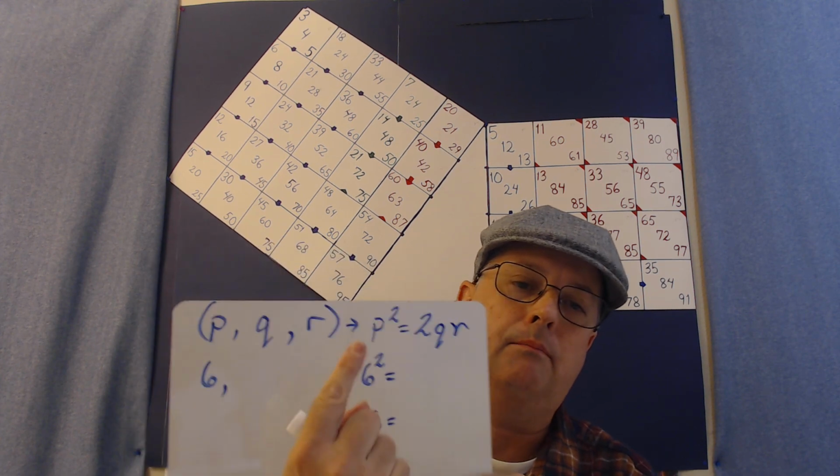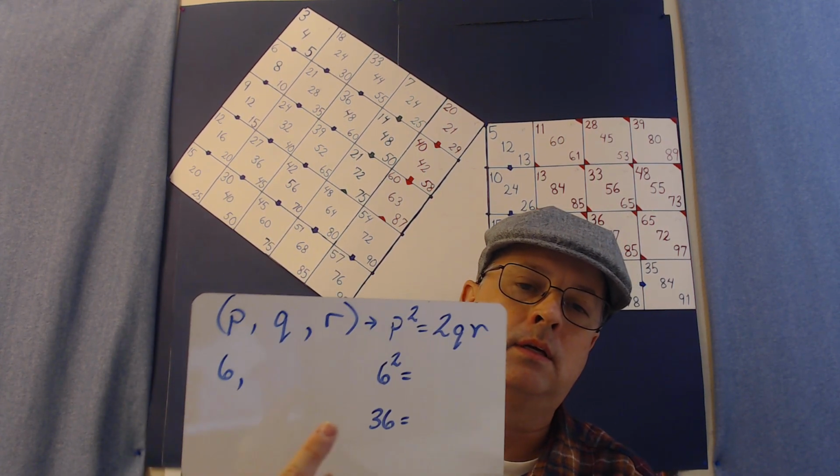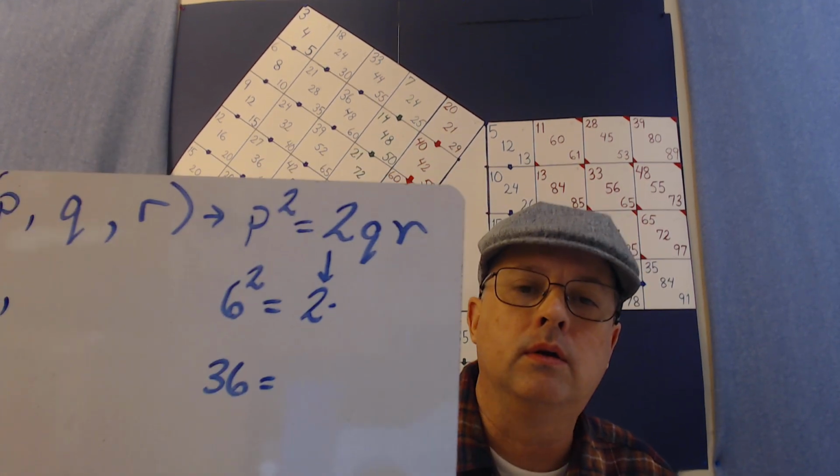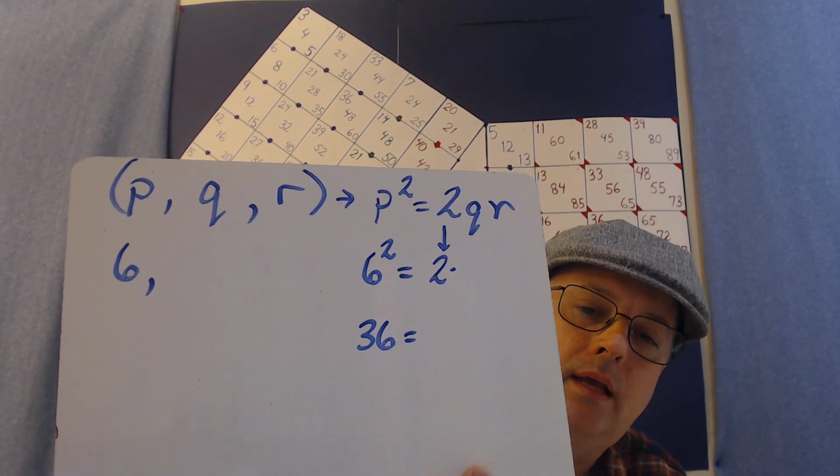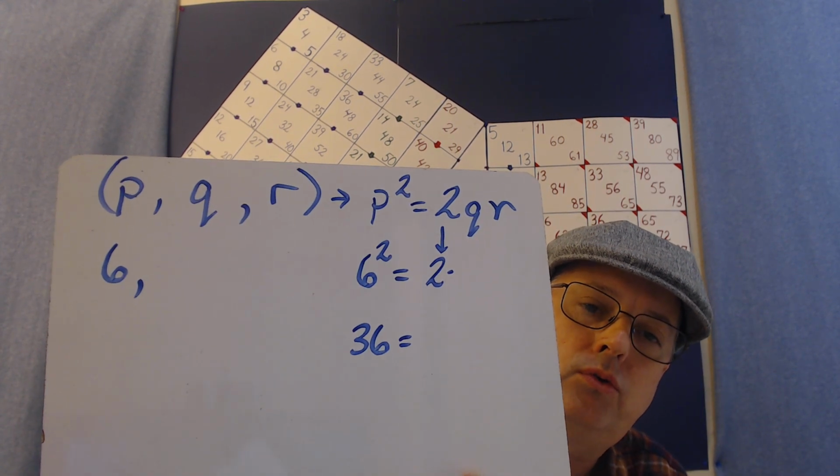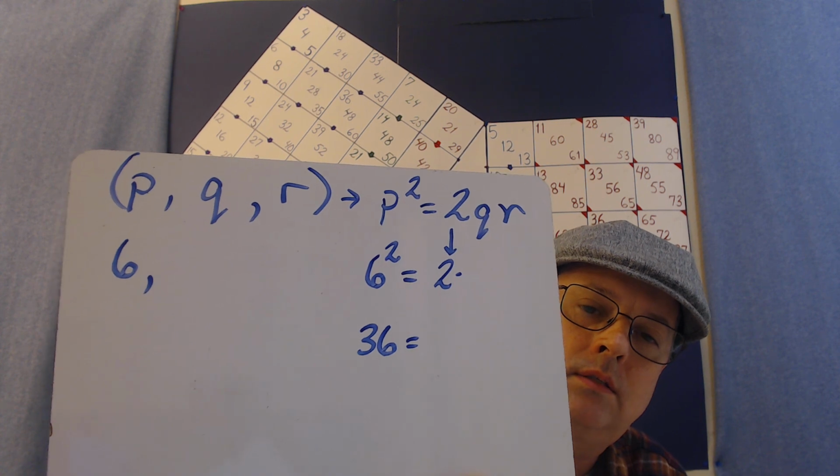And so if I just happen to pick P as 6, then notice that this 2 here is already in the condition. And so I need a Q and an R that will make 2 times Q times R be 36.